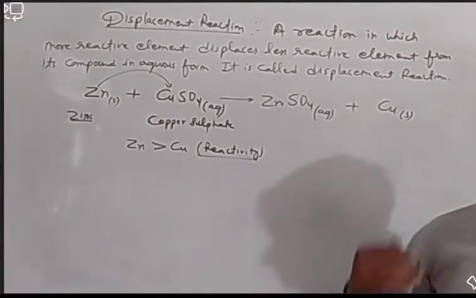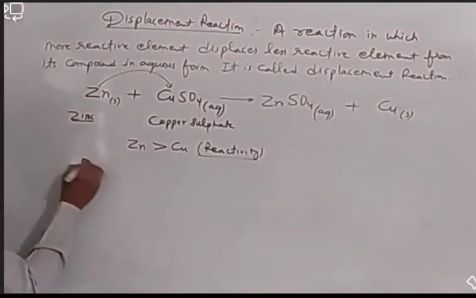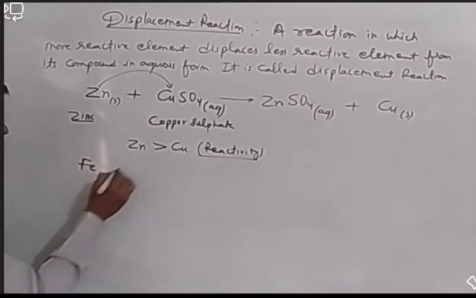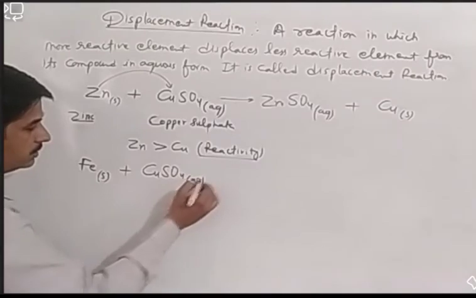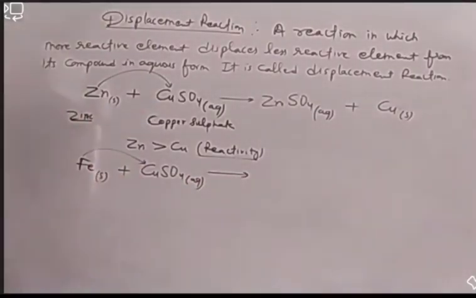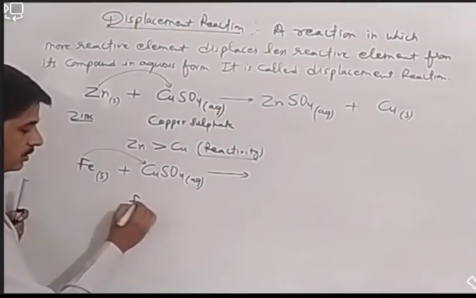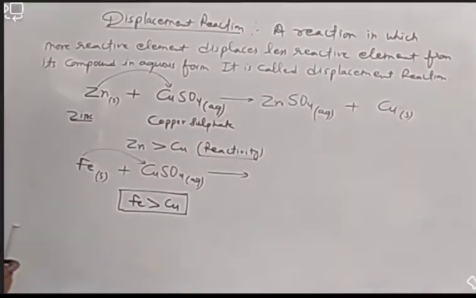We can have another example. Suppose we have iron, Fe, in solid state and we have copper sulfate in aqueous state. As I said, iron is more reactive than copper.